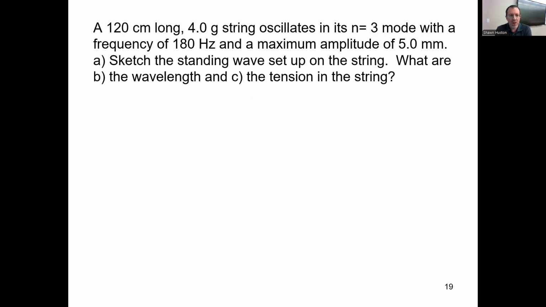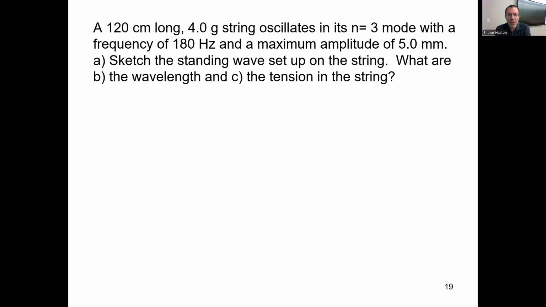Just to refresh us on where we were the last time we talked as a class, we talked about strings that are fixed on both ends that then are oscillating in their different harmonics. It could be the first harmonic, second, third, fourth, and so on.